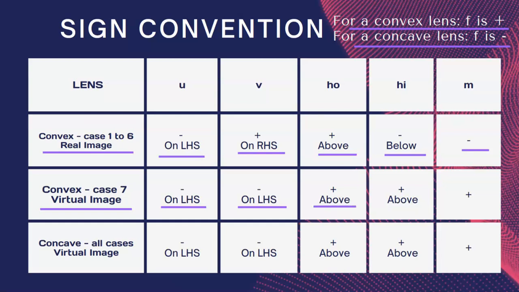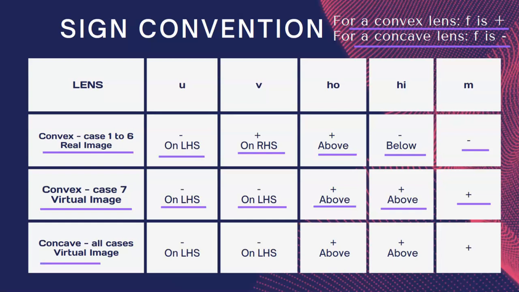Height of the object and image should be above and below the principal axis. Height of the object above the principal axis, positive. Height of the image above the principal axis because it is virtual and hence positive. Magnification in this case, positive, because HI upon HO, positive upon positive gives positive.